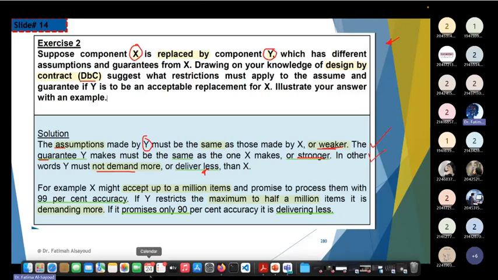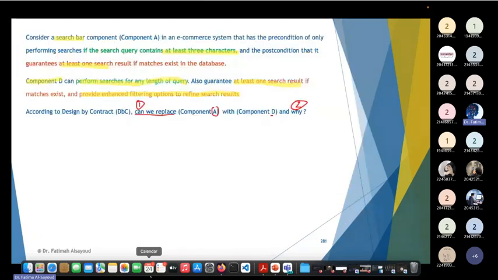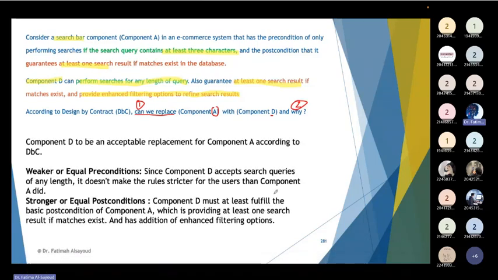This is the general answer. When you can, you weaken the assumption or strengthen the guarantee, that's it. This is the easy general answer, and afterward you can customize it based on the question. So how do we customize it? The general answer is that we can weaken the assumption and strengthen the guarantee.